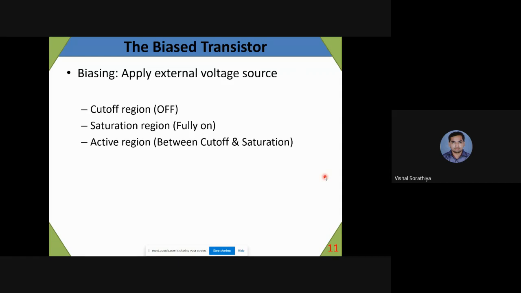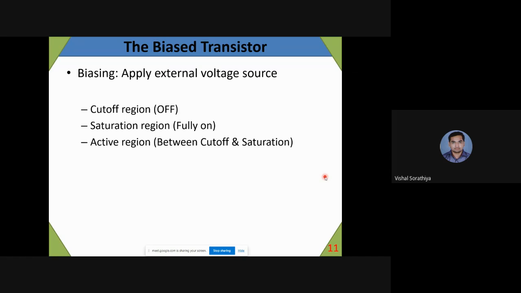According to that, whatever condition is allowed, whether current flows or is rejected, it is categorized under 3 regions. First is cutoff, which is the off condition, where the transistor cannot work, so no current flows. Saturation region we can say is fully on.